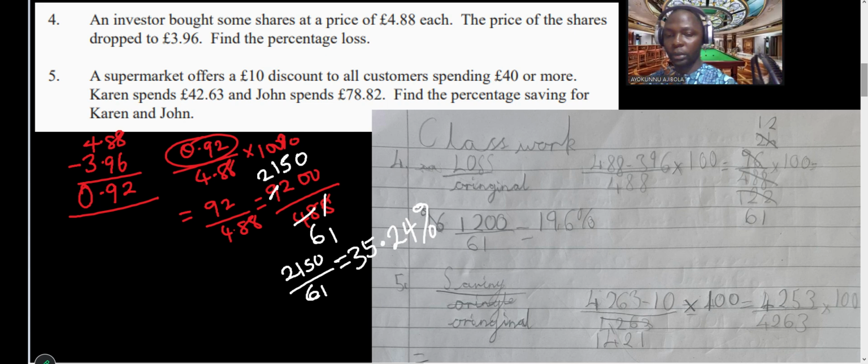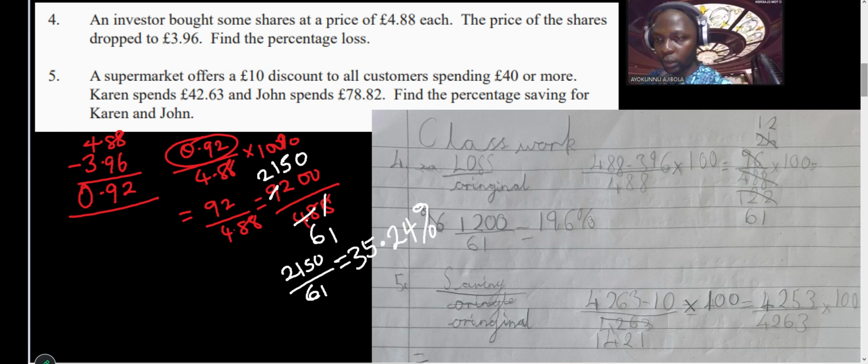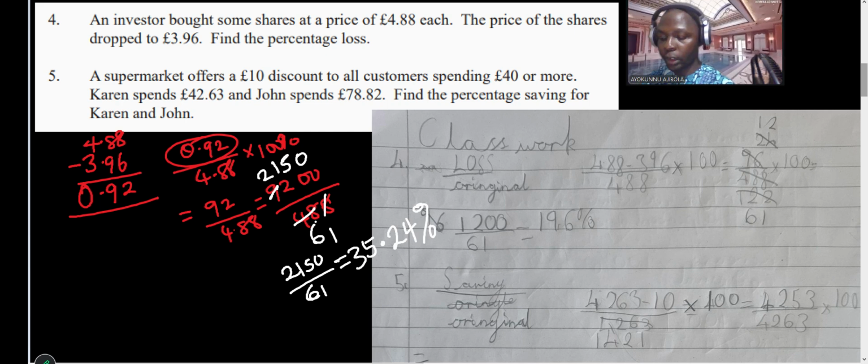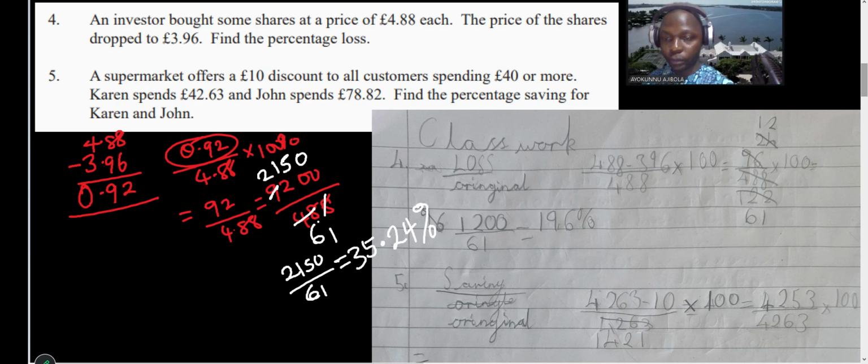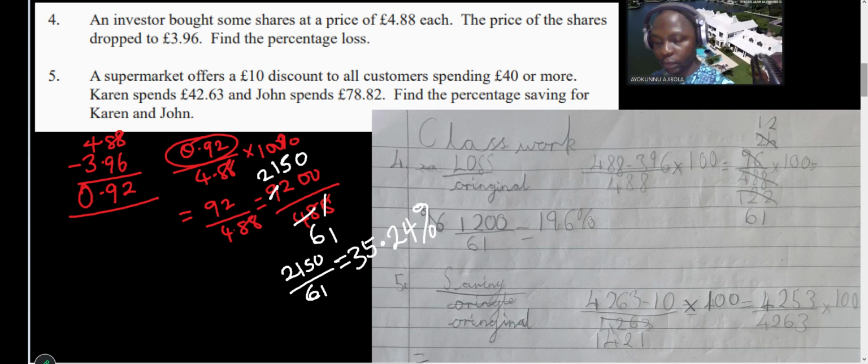Because if I say this is 4.88, I put 2 zeros here, I multiply by 100 at the top. Let me spell it out. So what we have to do is, right? Can you see this? Yeah. What we wanted is, we say 92 divided by 4.88. Then we can say 92 divided by 488 over 100, right?